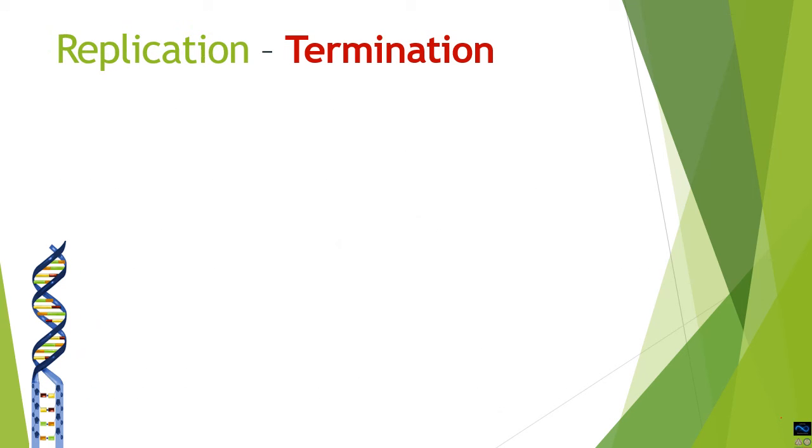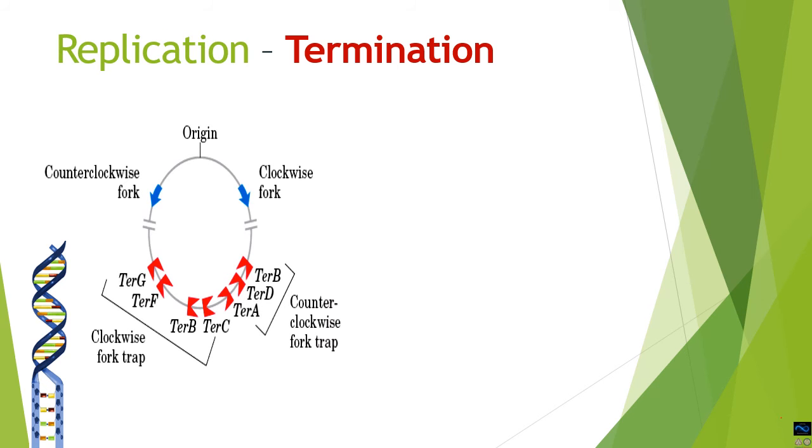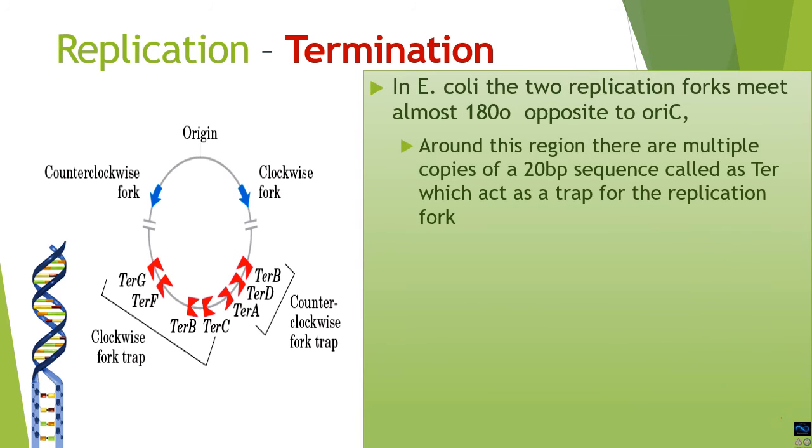The third and the final phase of the replication is the termination. It is the phase where the replication forks are arrested at particular sequences which are called the terminus sequences. They are 20 base pair sequences which are highly conserved, and they are present as multiple copies on both sides of the circular DNA in E. coli, usually present about 180 degrees to the origin of the replication in the E. coli cells.